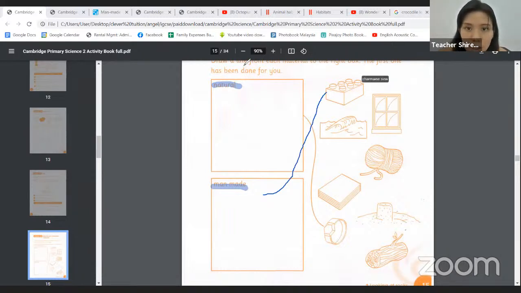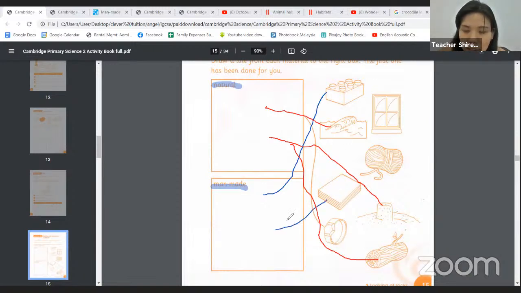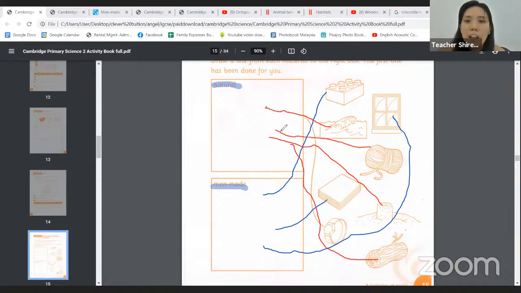Okay, let me draw natural, I put it in red. Then the tree is also natural. The sand is also natural. Then the paper is man-made. Window is also man-made. The yarn is natural.